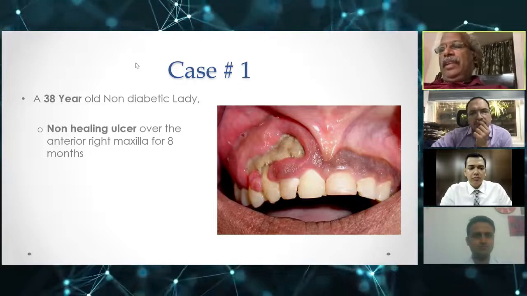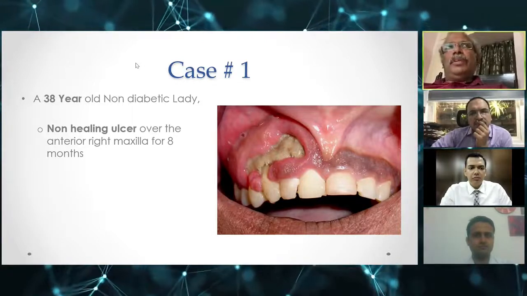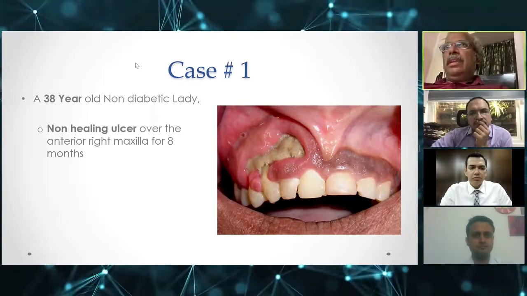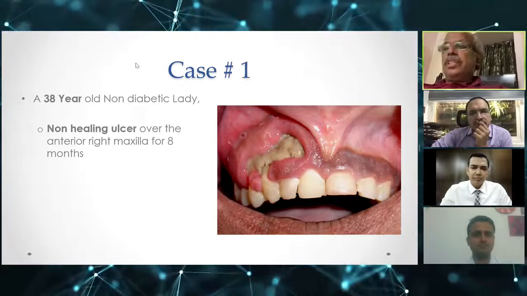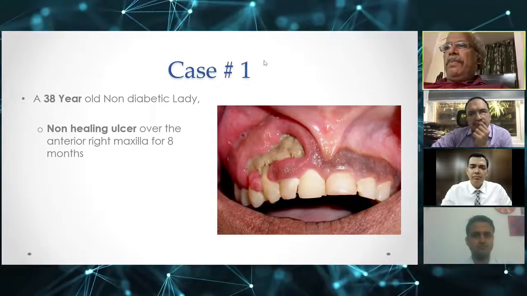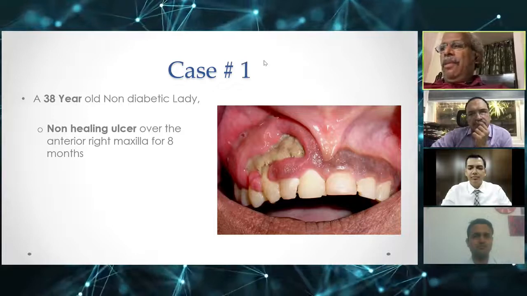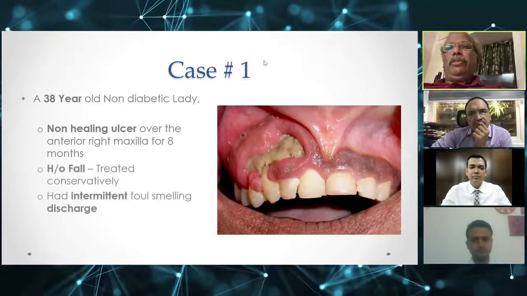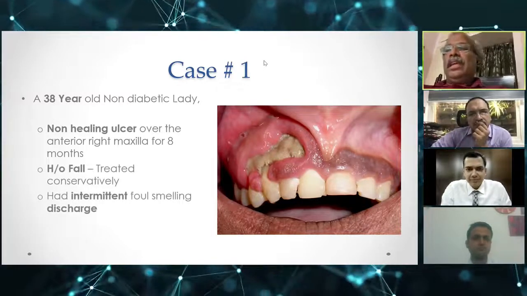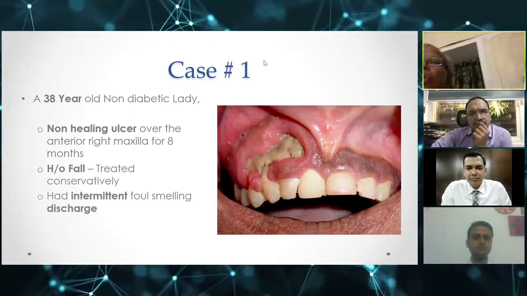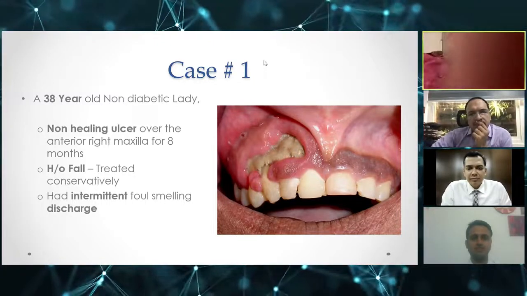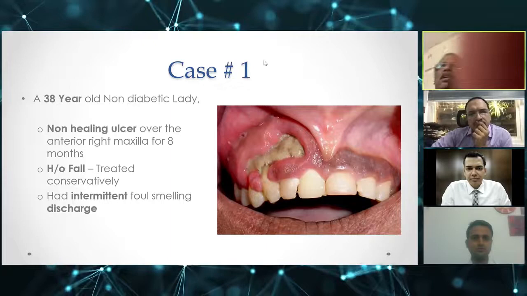Number one, like trauma, whether the patient had any previous surgeries or implant placement or something like that. Some form of history is very important here when you say non-healing. And that makes it very difficult to tell why this has come, specifically when the patient is non-diabetic.